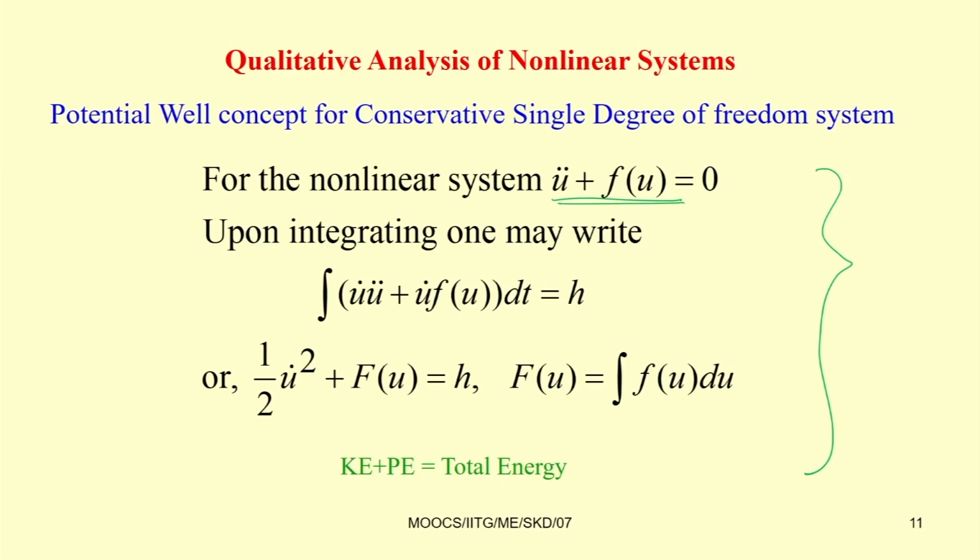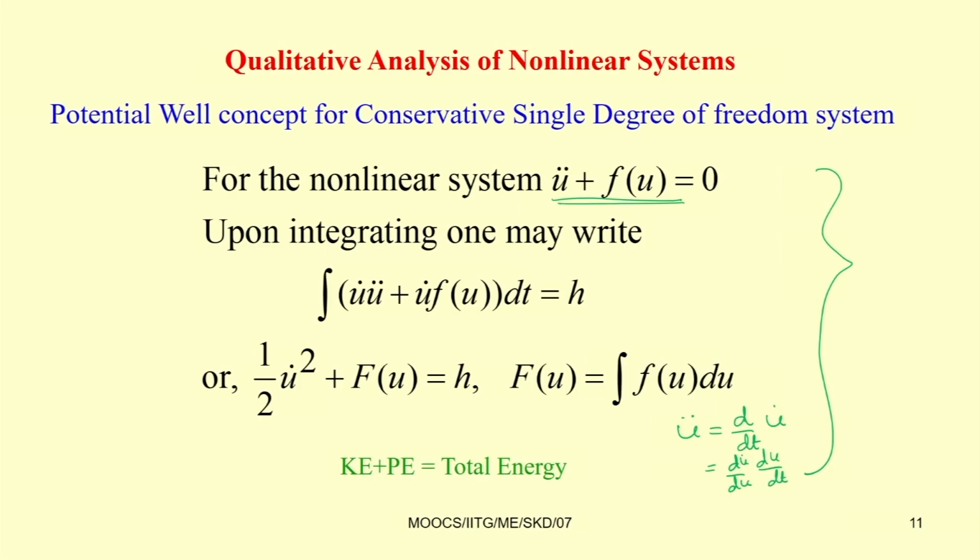This u double dot can be written as d by dt of u dot. d by dt of u dot is u double dot, but it can be written in this way also, that is d by du of u dot into du by dt, or this is du dot by dt.